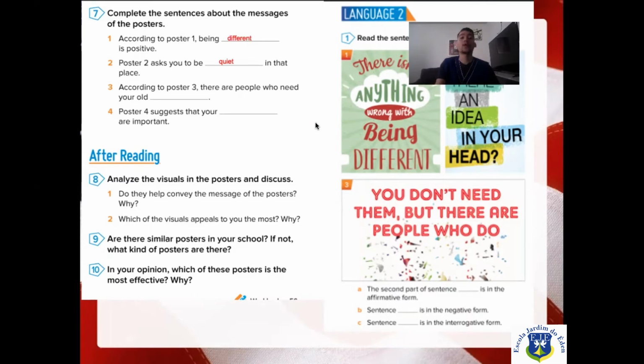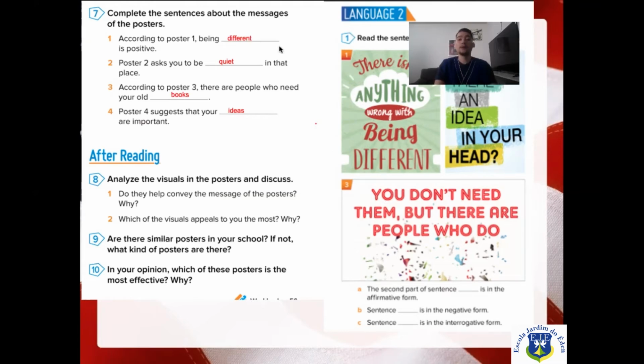According to poster 3, there are people who need your old books, okay? Poster number 4 suggests that your ideas are important. So this one, after reading, is an open answer, because this is a personal answer, okay?